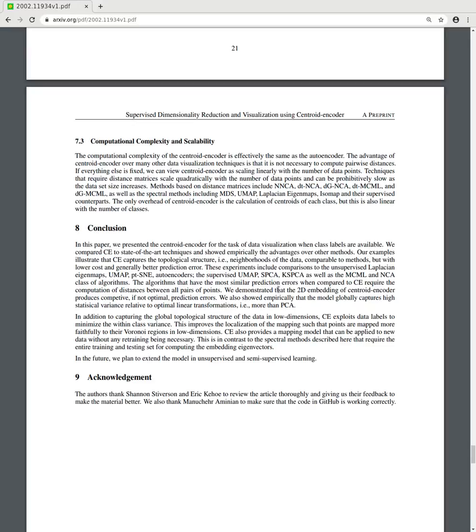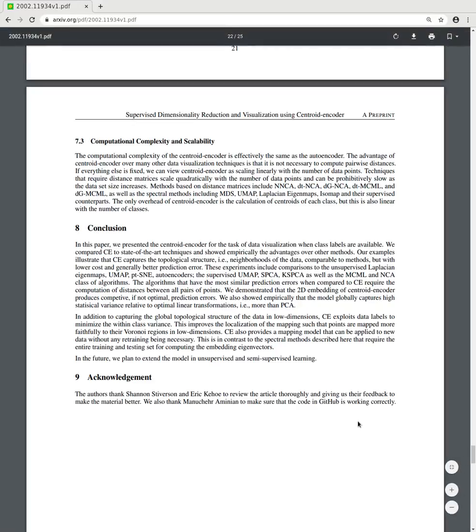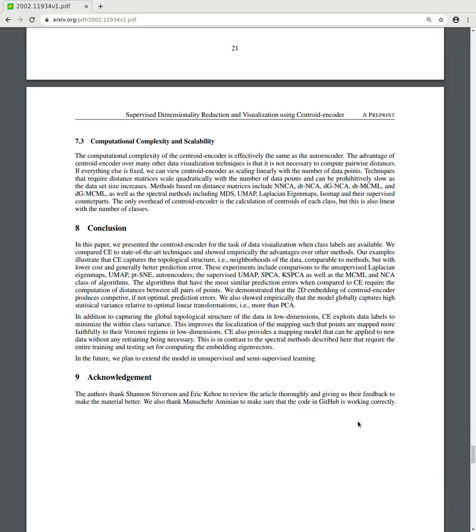We also showed empirically that the model globally captures high statistical variance relative to the optimal linear transformation, that is, more than PCA. In addition to capturing the global topological structure of the data in low dimensions, CE exploits data labels to minimize the within-class variance. This improves localization of the mapping such that points are mapped more faithfully to their Voronoi regions in low dimension.